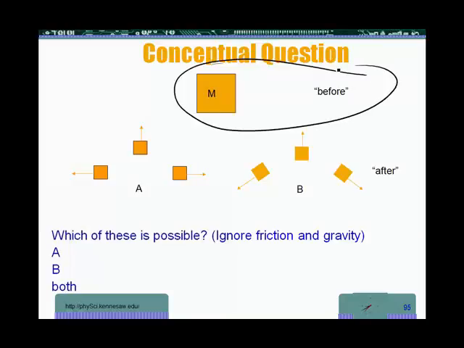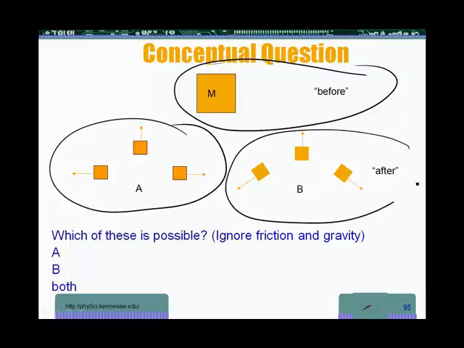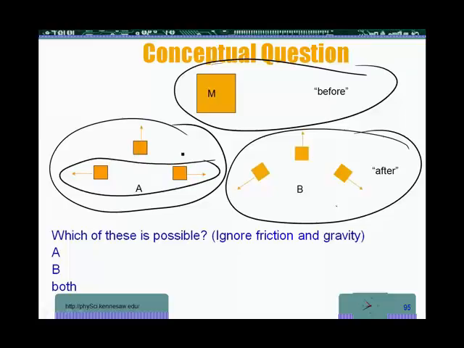They tell us this is what's before. And they are asking us which case is correct, this or this. Now, of course, it is this case, case B. Why is it case B? Because case A has a momentum along this direction that's not accounted for in this direction. And remember, we started with a momentum that's equal to 0, so the overall momentum at the end should be 0 in all directions.